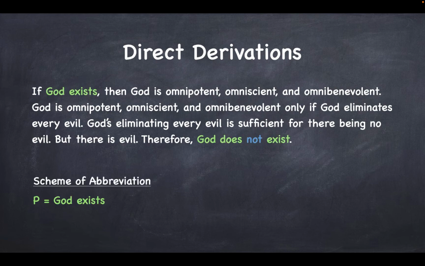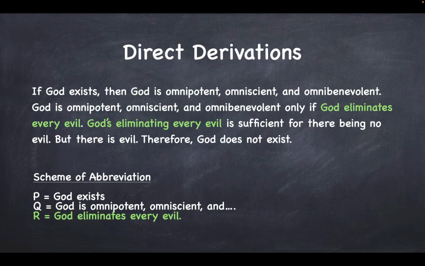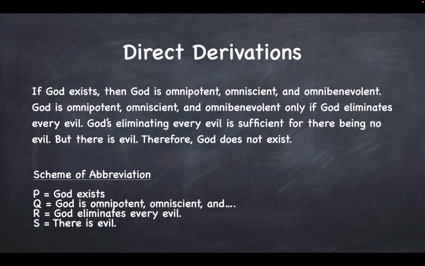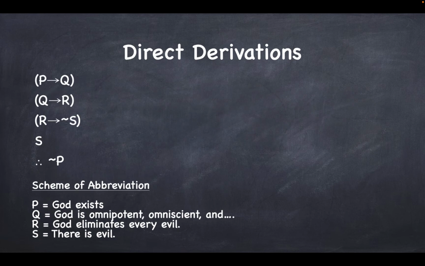So let's get started by representing God exists as P. We'll then represent God is omnipotent, omniscient, and omnibenevolent as Q, God eliminates every evil as R, and there is evil as S. And then we can swap out P, Q, R, and S for those sentences in the right places. And here's what we get.